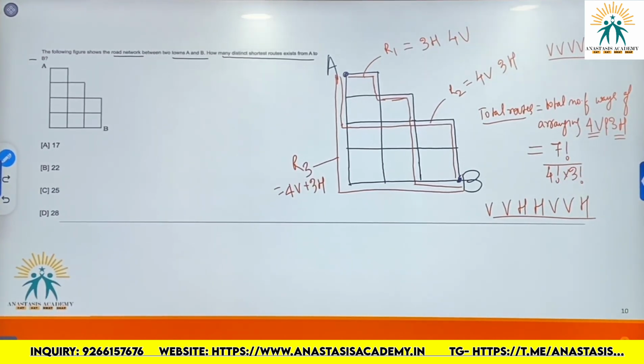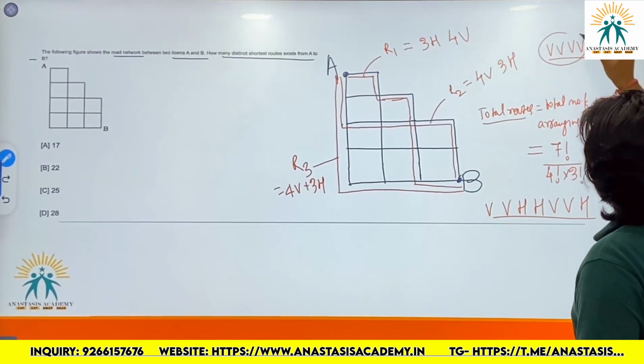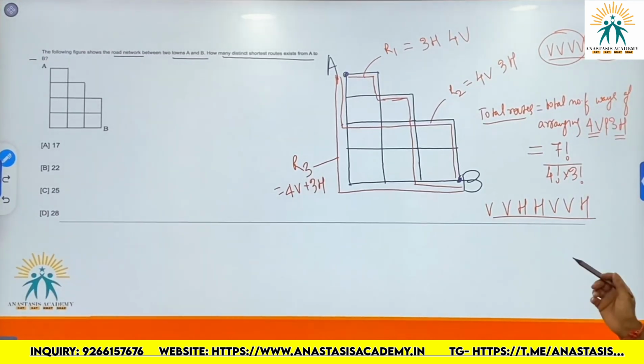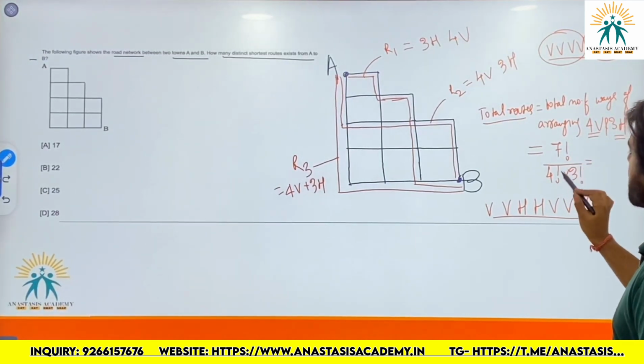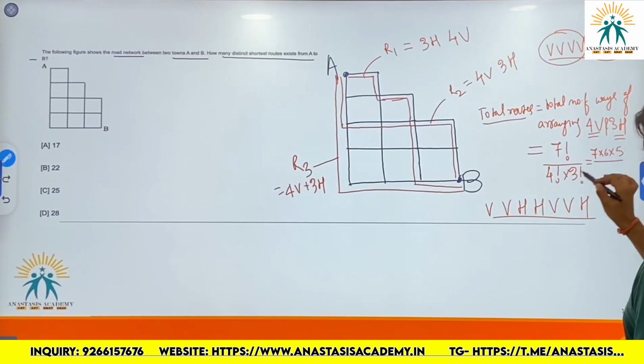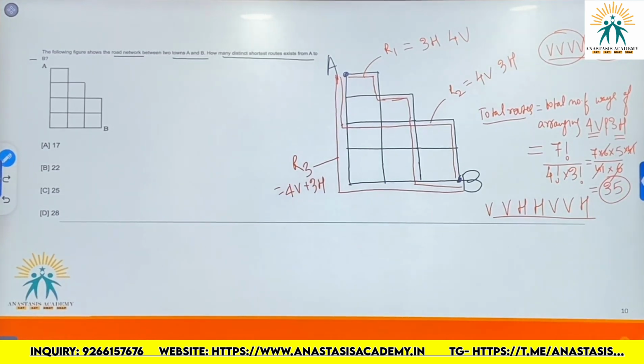I'm dividing by 4 factorial and 3 factorial because these are identical objects: 4 identical objects of one type and 3 identical objects of another type. That is 7 times 6 times 5, 4 factorial gets cancelled, 3 factorial is 6, so that gets cancelled. The total number of such routes would be 35.